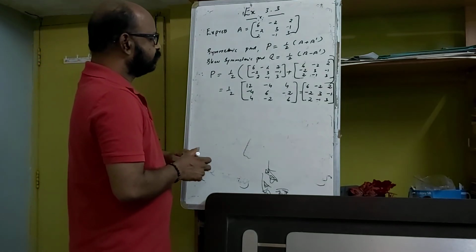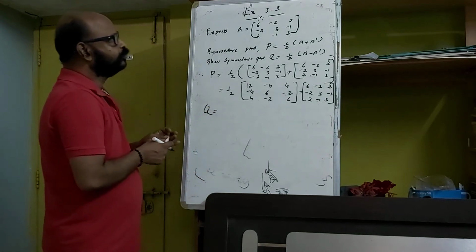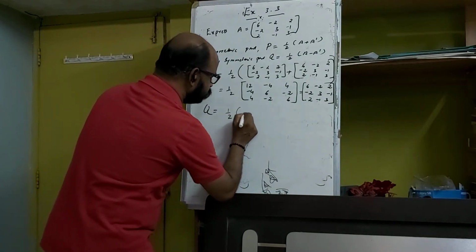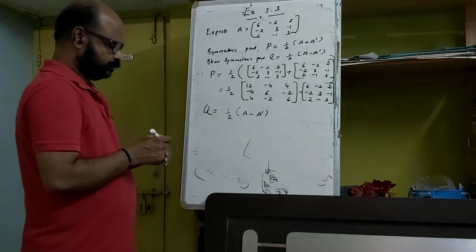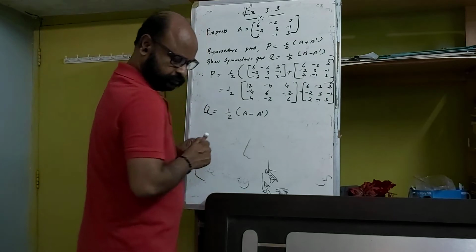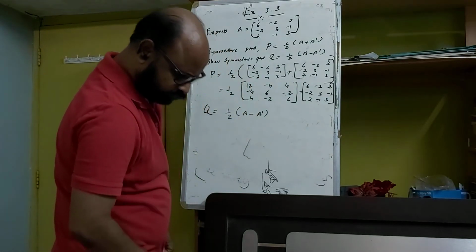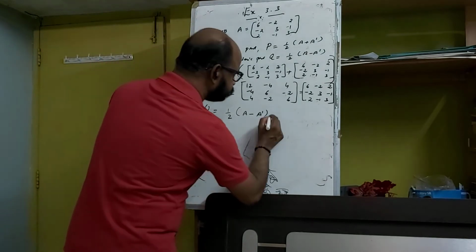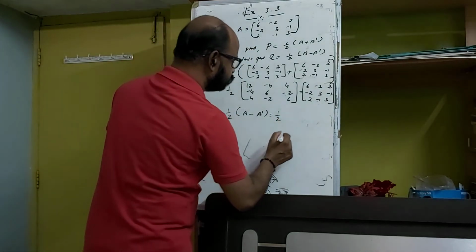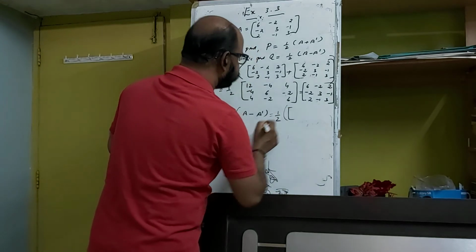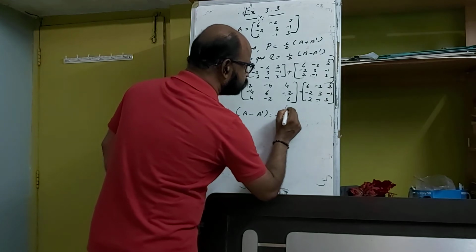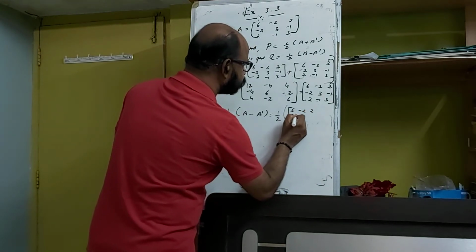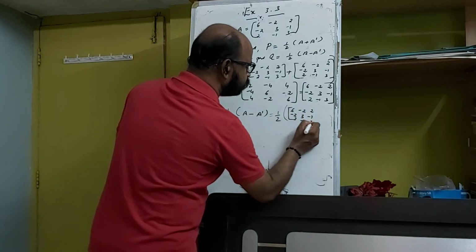Okay, then Q equal to half into A minus A transpose, is equal to half into matrix 6 minus 2 2, minus 2 3 minus 1, 2 minus 1 3.